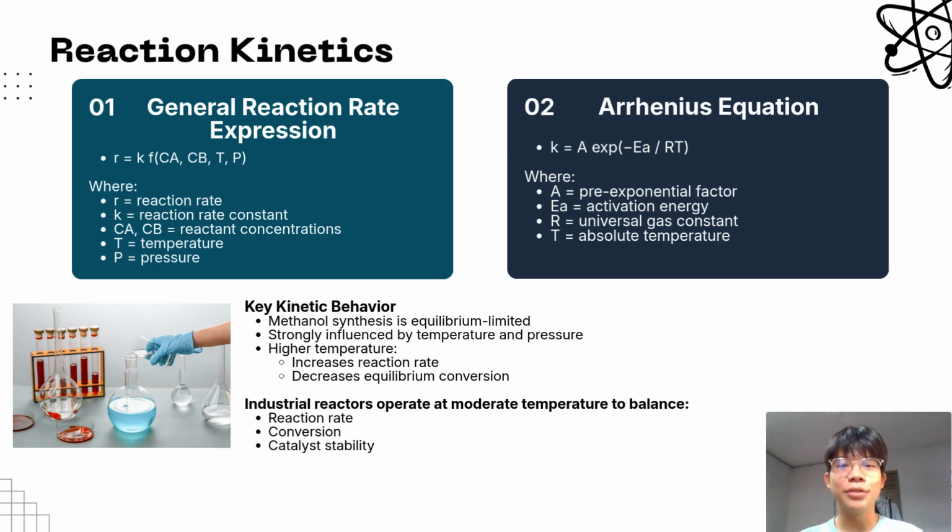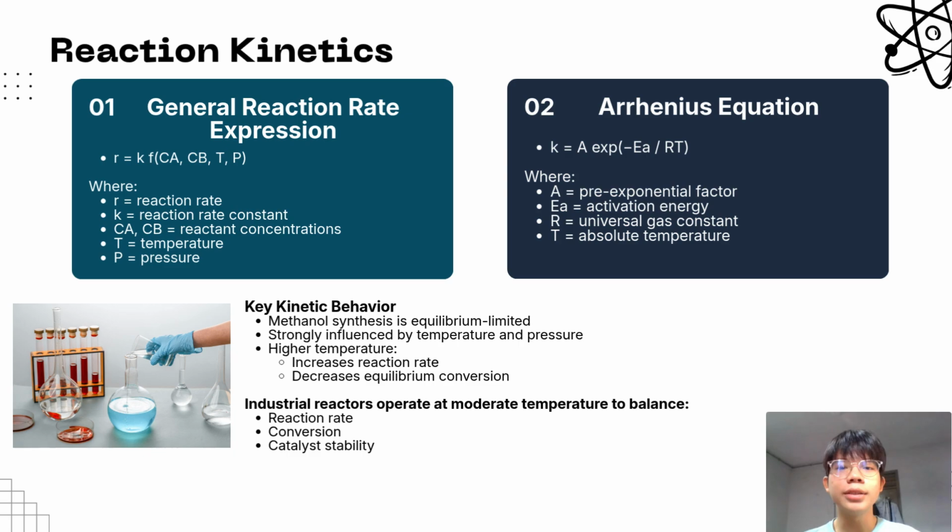This slide presents the reaction kinetics for methanol synthesis. The reaction rate depends on several factors, including reactant concentration, temperature, and pressure, as described by the general rate expression. The temperature dependence of the reaction rate constant is represented by the Arrhenius equation, which shows that the reaction rate increases exponentially with temperature.